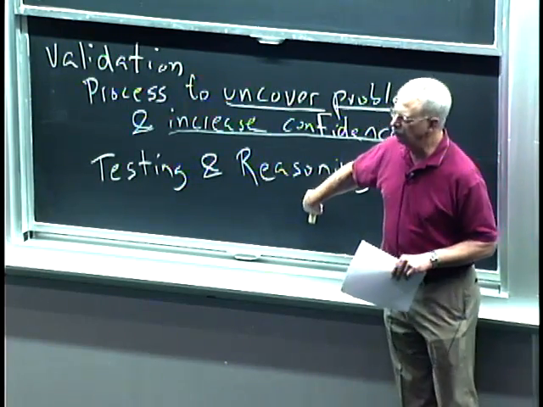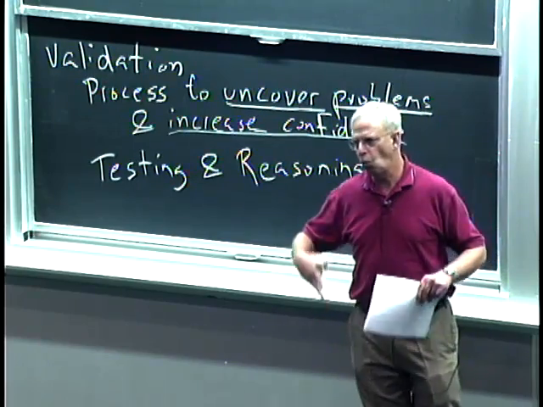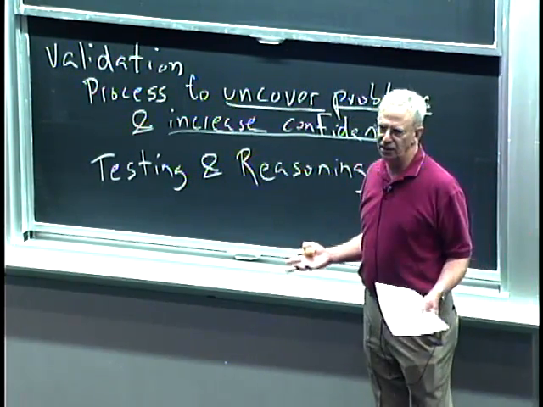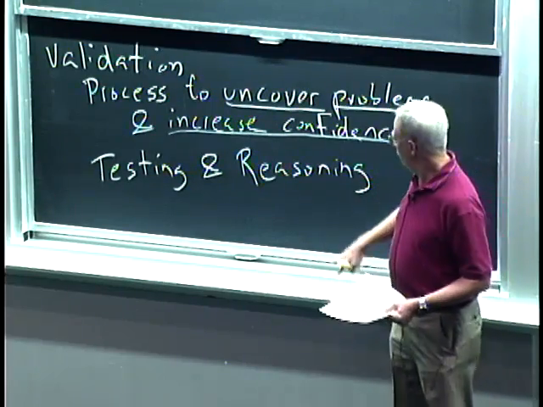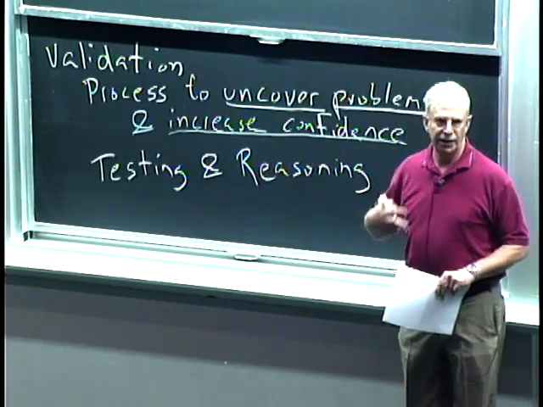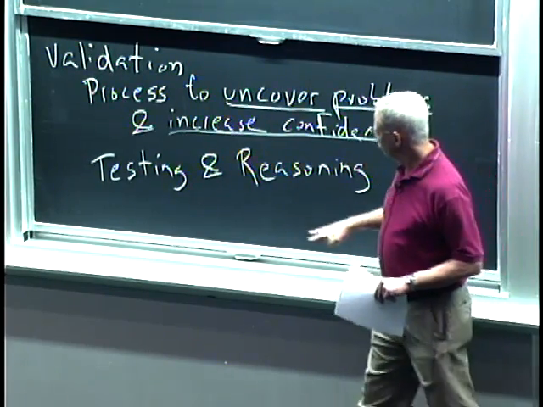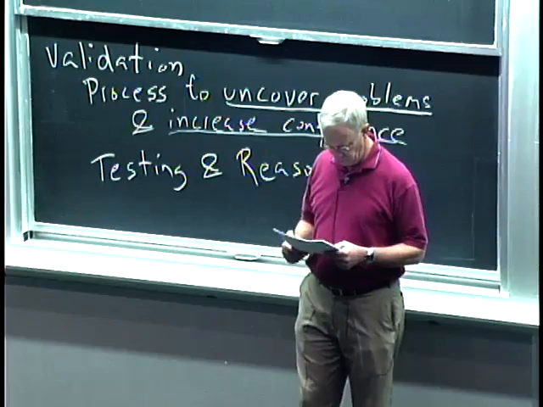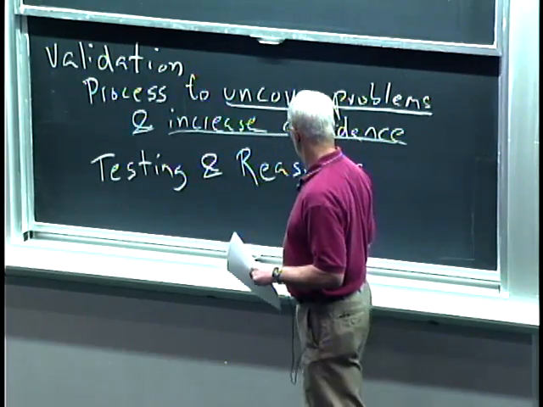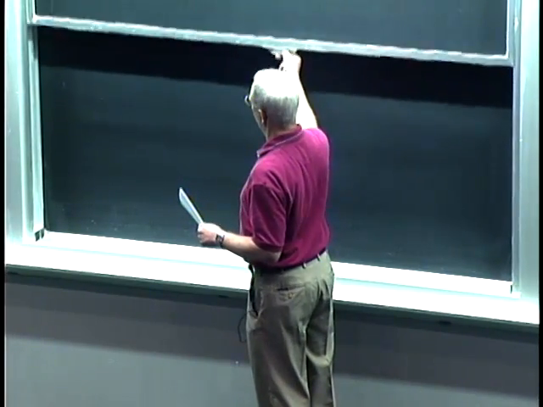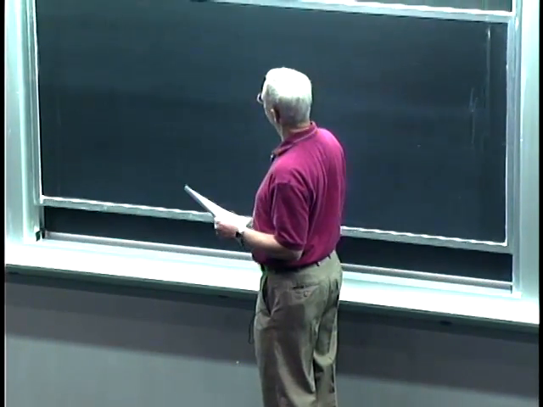But it also involves reasoning about why that's an appropriate set of inputs to test it on. Have we tested it on enough inputs? Maybe just reading the code and studying it and convincing ourselves that it works. So we do both of those as part of the validation process. And we'll talk about all of this as we go along.